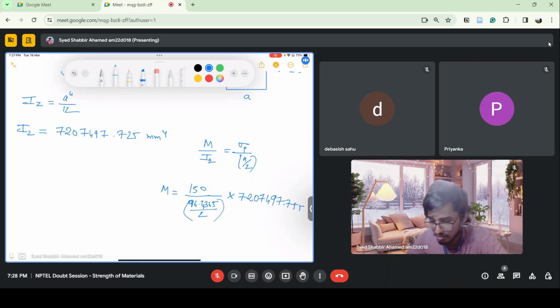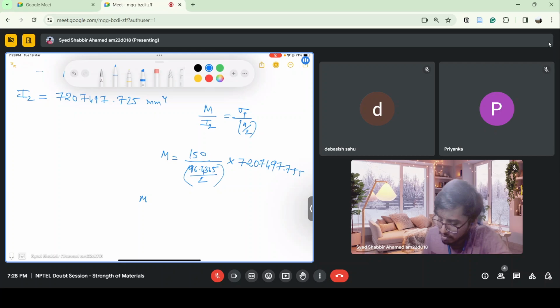If you do this, we get M equal to 22421482.8.